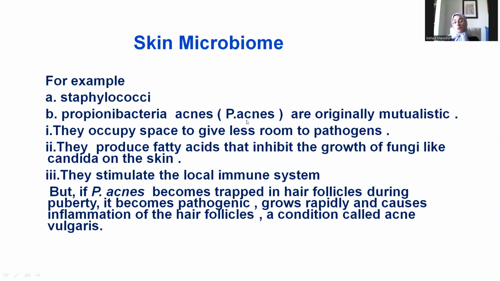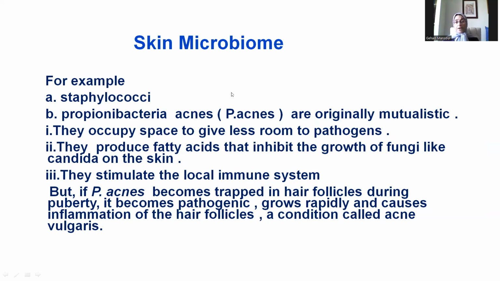But P. acnes is usually friendly, mutualistic, and why is it mutualistic? Because the P. acnes occupy space. They produce fatty acids that inhibit the growth of pathogens, and they stimulate the local immune system. How? Now we know that they stimulate the local immune system by cross-reactivity and microbial antagonism.